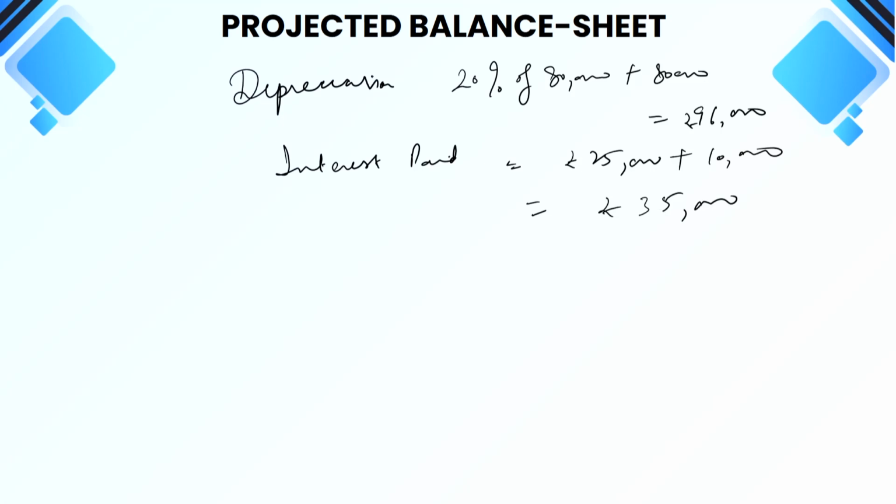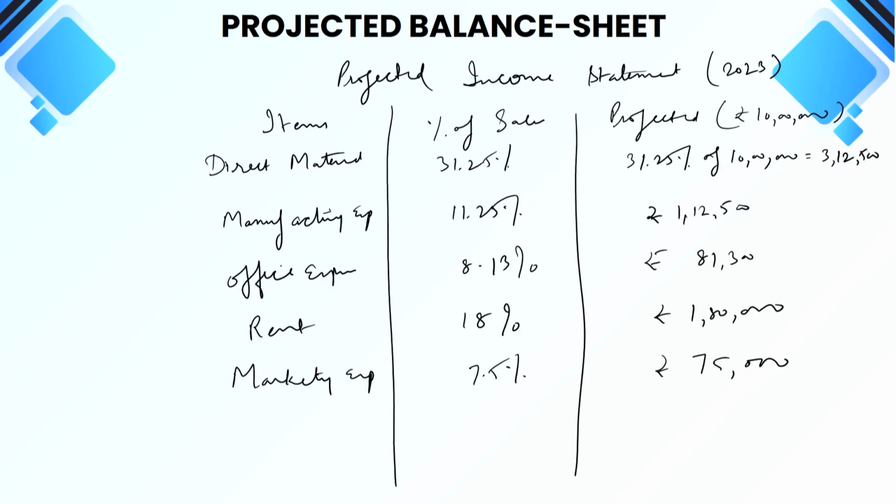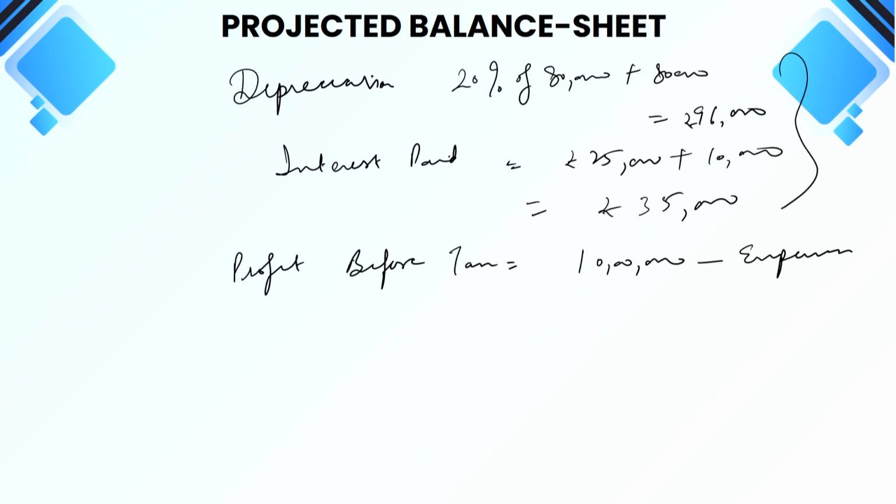Now we calculate the profit before tax, which would be 10 lakh of the sales, and deducting all the expenses. I just computed all these expenses, the projected ones, including depreciation and interest paid. We reach the figure of 1,07,750 rupees.